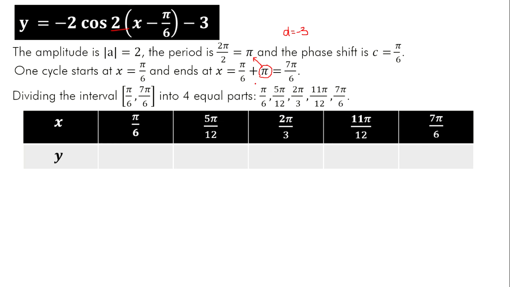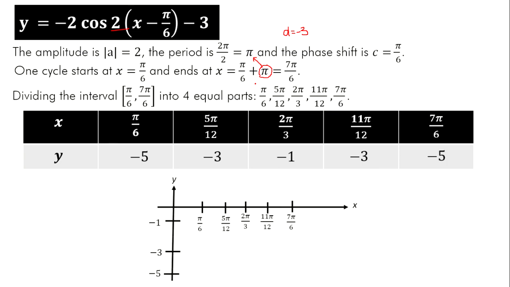So we have here pi over 6, 5 pi over 12, 2 pi over 3, 11 pi over 12, and 7 pi over 6. We're going to substitute that in our function y is equal to negative 2 cosine 2 times the quantity x minus pi over 6, minus 3. And that is negative 5, negative 3, negative 1, negative 3, and negative 5.